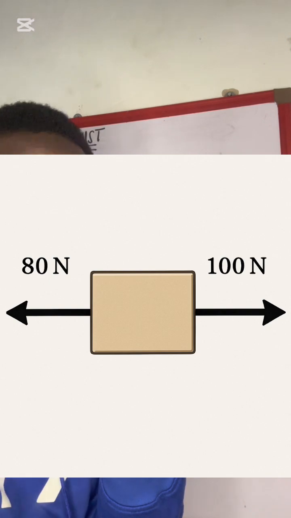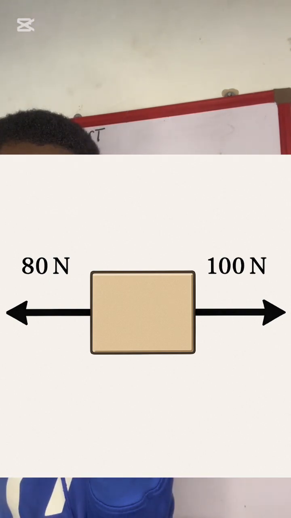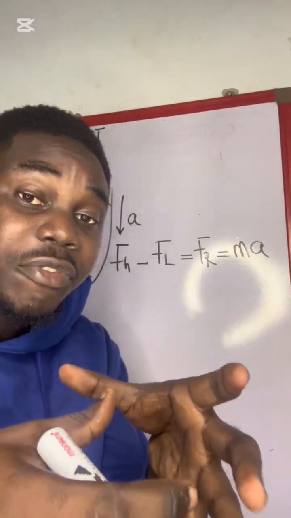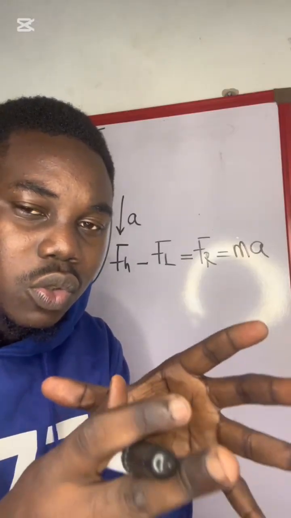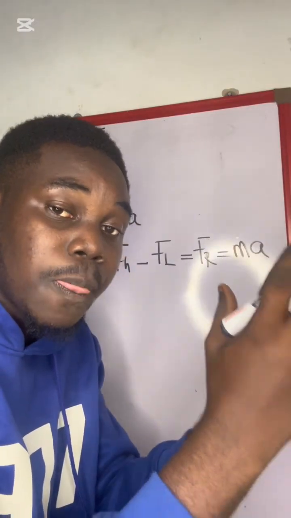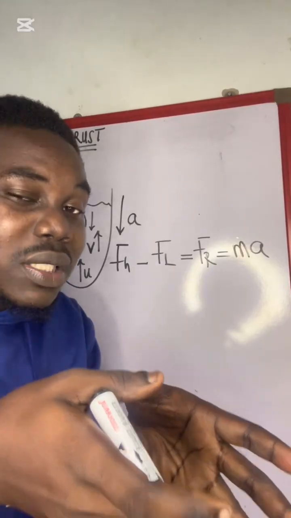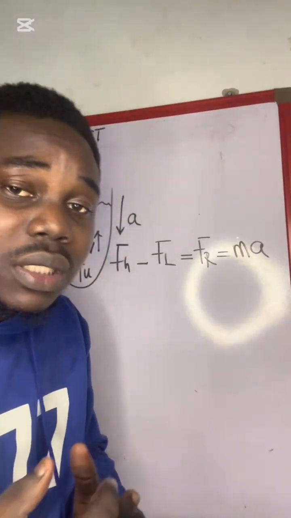That is 100 minus 80, which gives you 20. Therefore, whenever objects are acted upon by forces, to get the actual moving force, you just do the higher force minus the lower force, or the force in the direction of motion minus the opposing force.